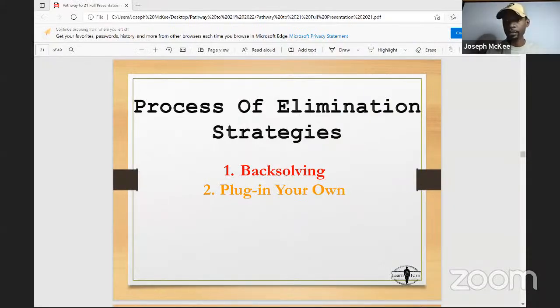So where were we? I think this is where we were getting to the math section. And so we're back on process of elimination strategies. Hopefully some more people will be able to jump back on. If not, Ms. Cox, we'll have to try and do this again.